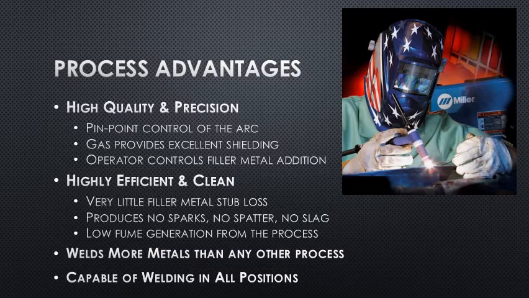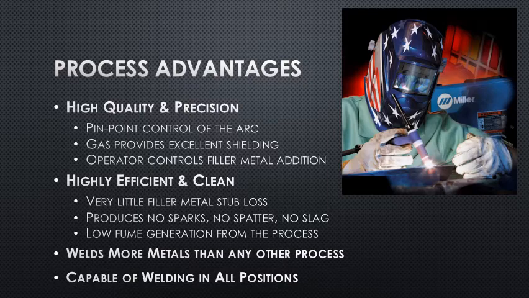Now, TIG process advantages include high quality and precision. This process is able to provide pinpoint control of the arc as it comes off the end of that very small tungsten electrode. Shielding gases provide excellent coverage and protection from oxidation, so we get very clean welds that have no oxidation on them, are very shiny and look really aesthetically pleasing.